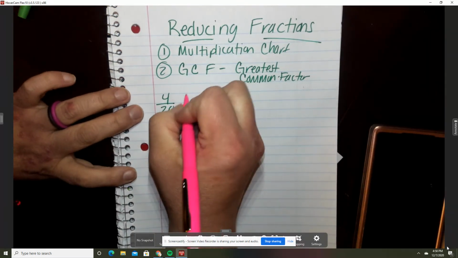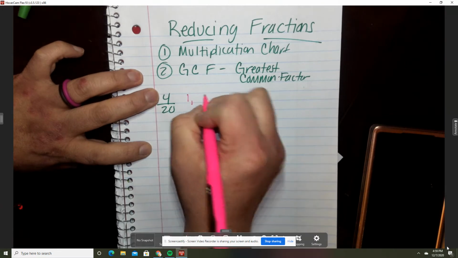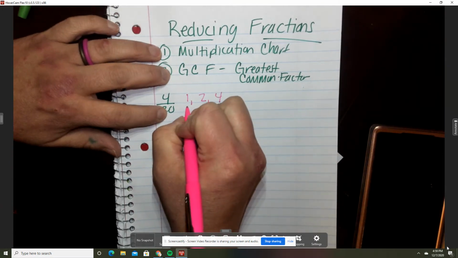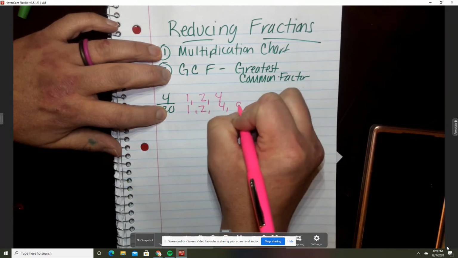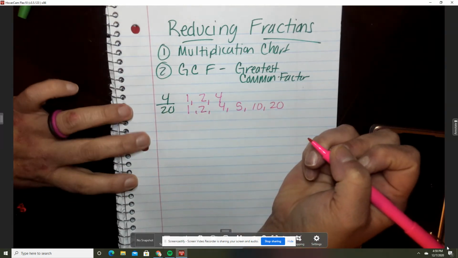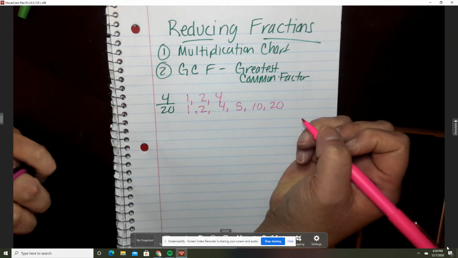So first of all, you just need to come up with the factors. So of 4, there are factors of 1, 2, and 4. And then of 20, you have 1, 2, 4, 5, 10, 20. So that is why knowing your multiplication facts is so important.